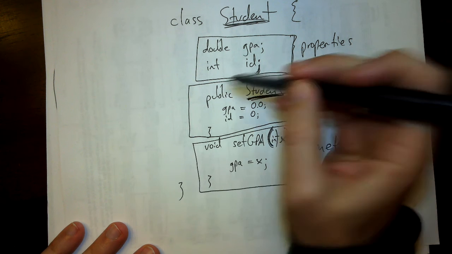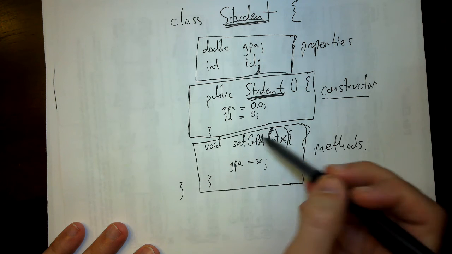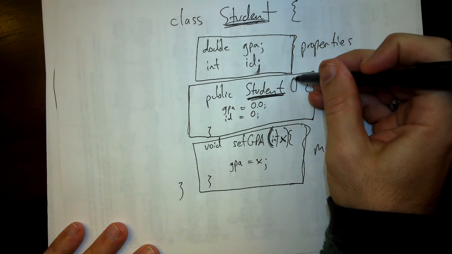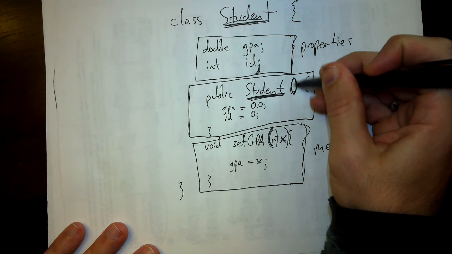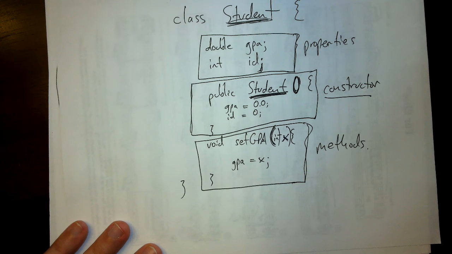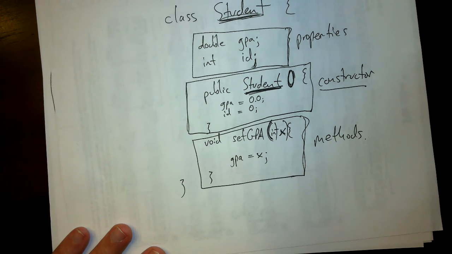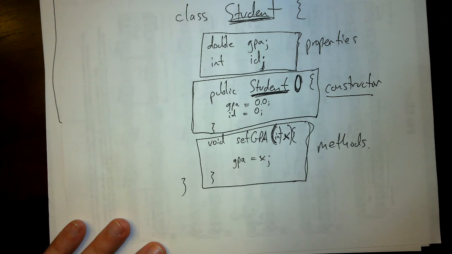So in this version of the constructor right here, you'll notice that there are two parentheses with nothing inside them. That means I'm not sending information to that constructor.